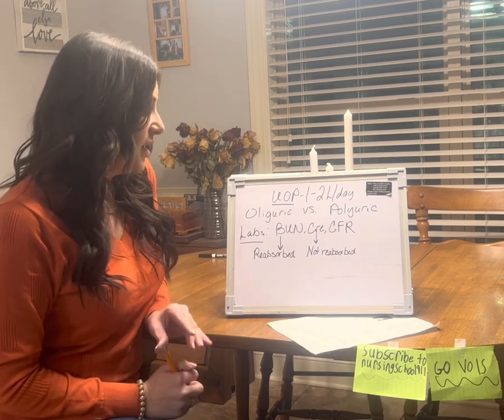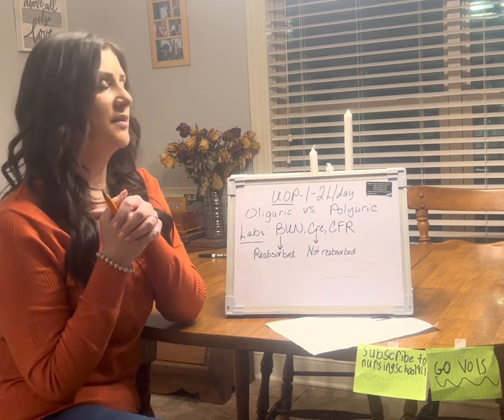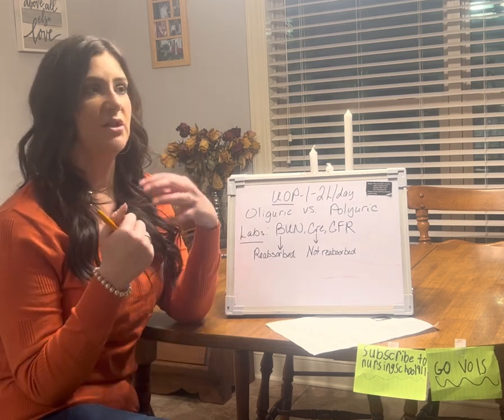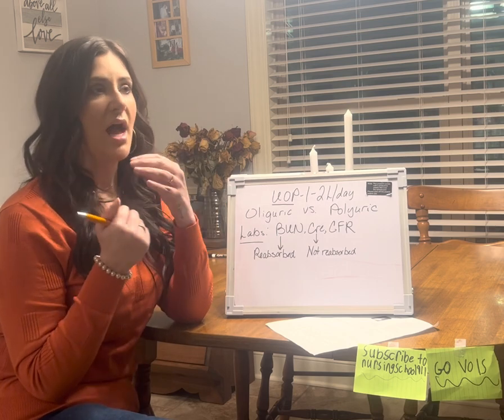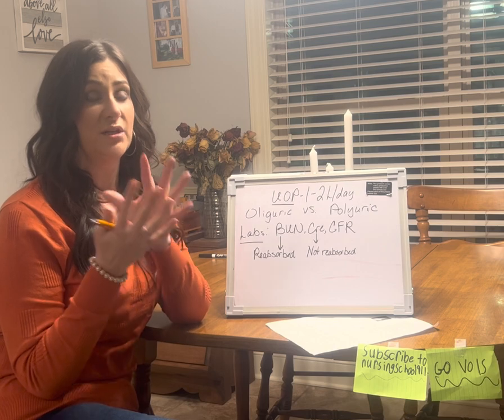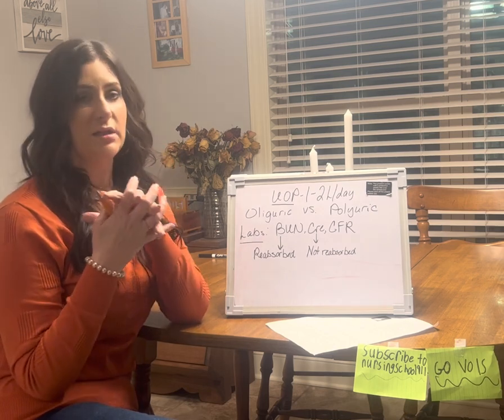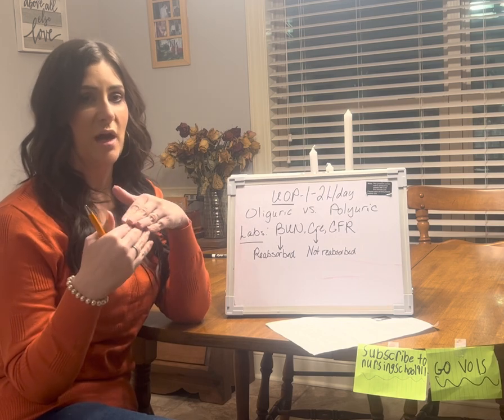So let's think about signs and symptoms, what we're going to see. All right, so the signs and symptoms, the manifestations, the potential complications, I'm going to focus on that oliguric stage where the patient is really not putting out much urine. All right, so in that oliguric stage, we have very low urine output.